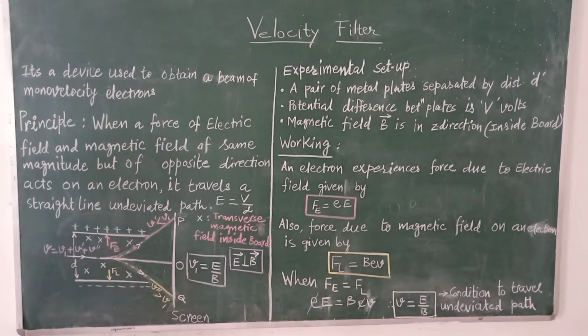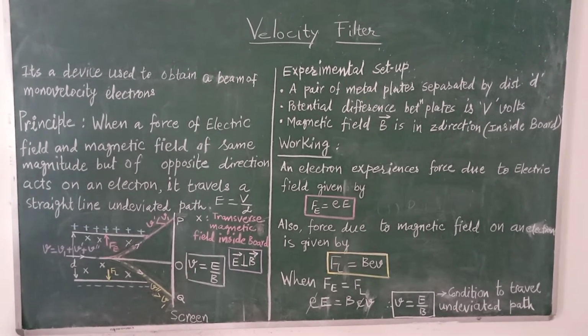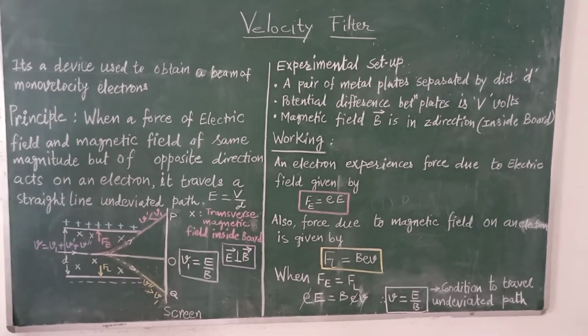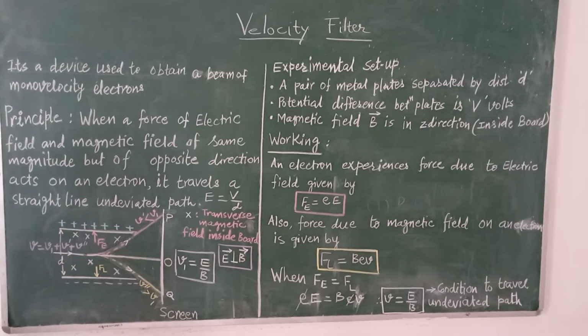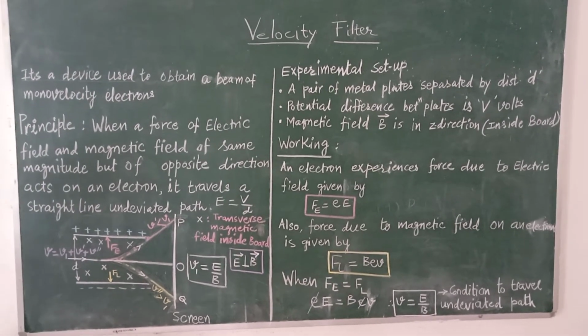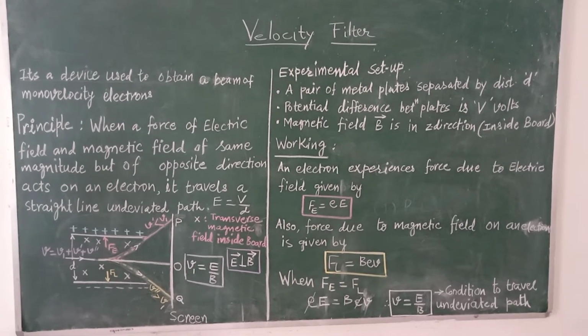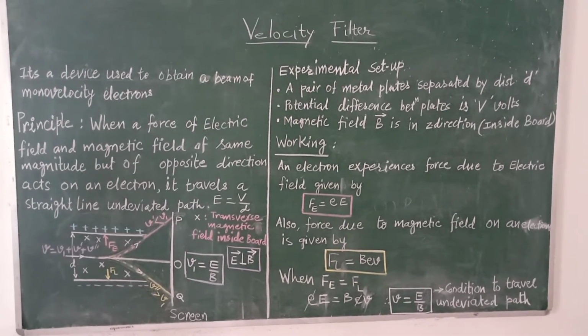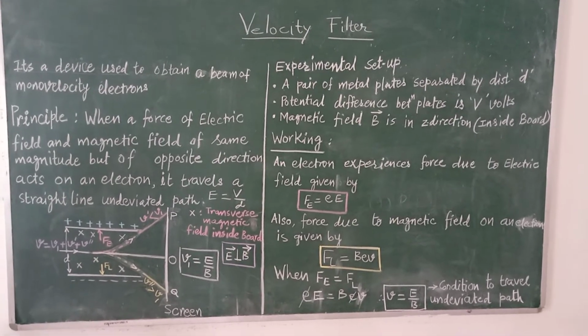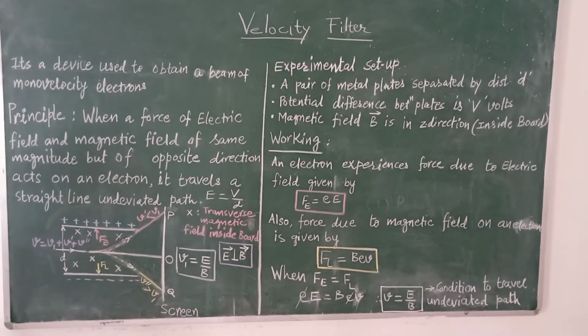Fe is nothing but eE, which is equal to BeV, which is nothing but FL. So cancelling the similar term from both sides, finally we get the equation E is equal to VB, or V is equal to E by B.